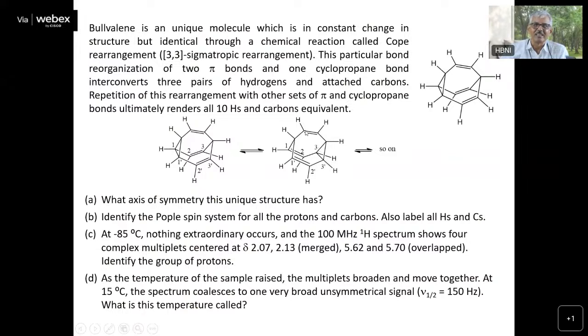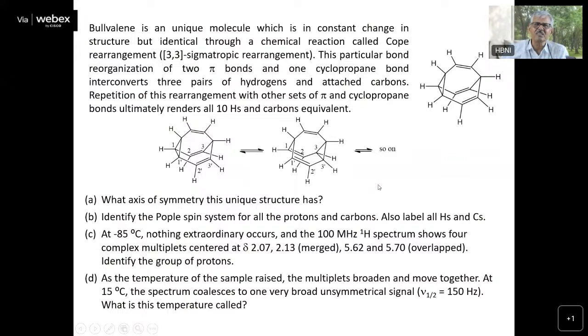Similarly, another position is also available between this hydrogen and this carbon, or this carbon and this carbon. So there are all kinds of possibilities. But there is no change in the product structure, so that's why you cannot see any difference in the structures.